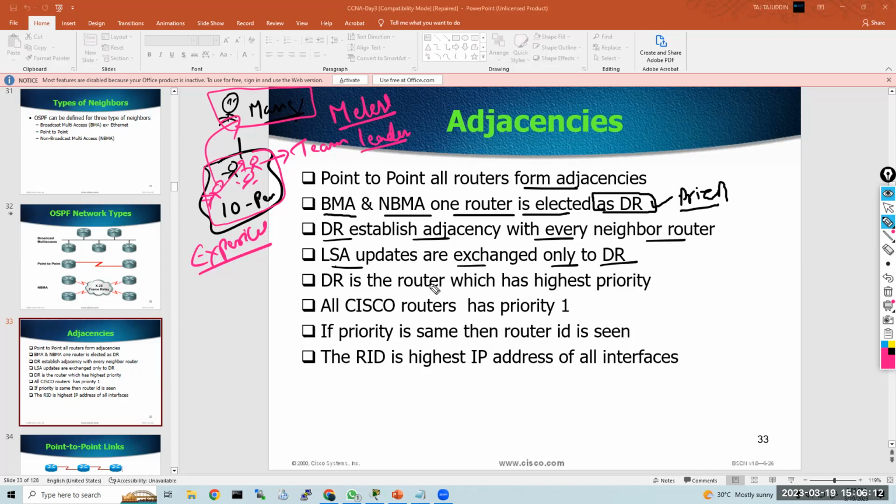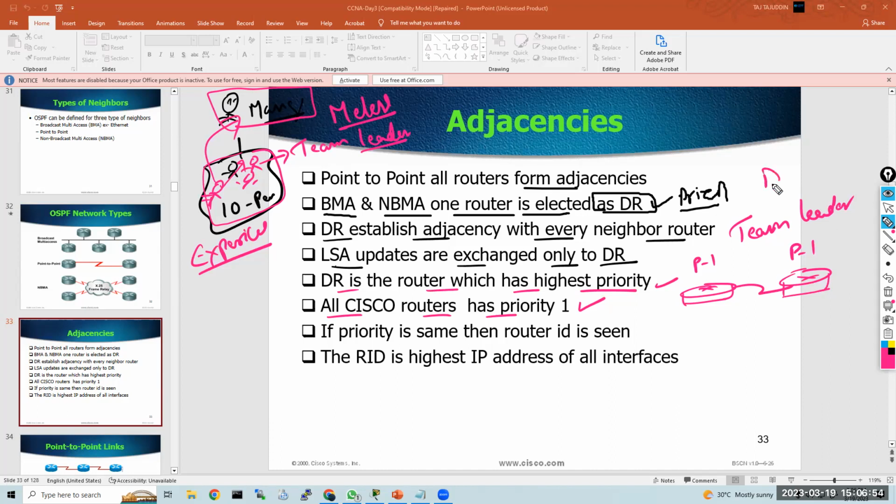Okay, the DR is the router which has the highest priority. All Cisco routers have the same priority value of 1 by default. So for example, you have 2 routers and the priority is 1 on both. What happens now? Who will become the team leader?